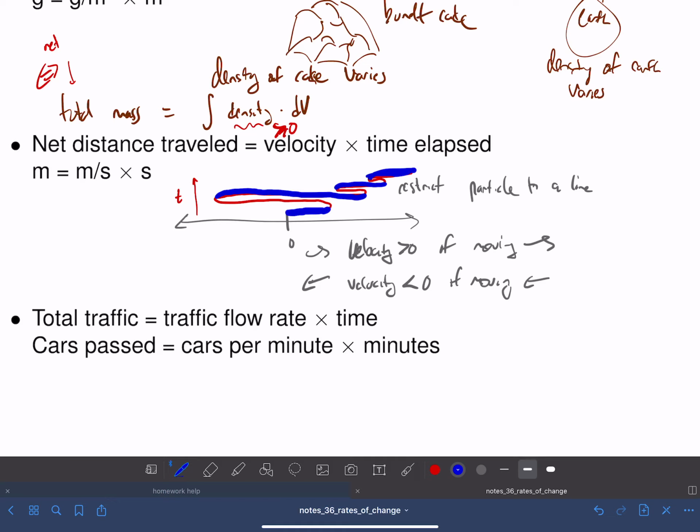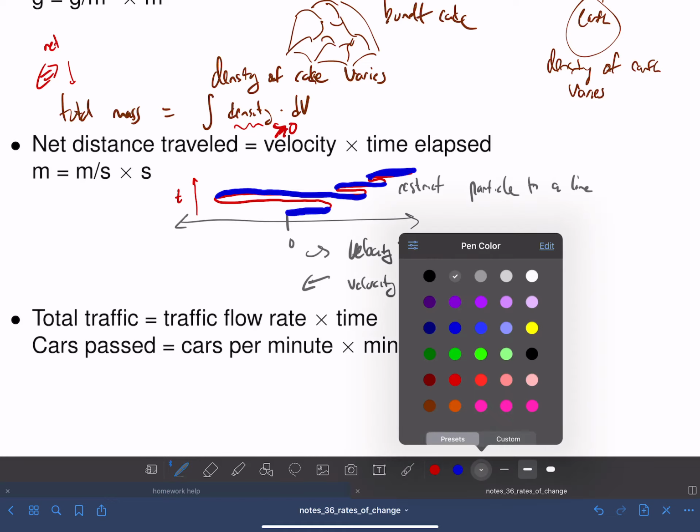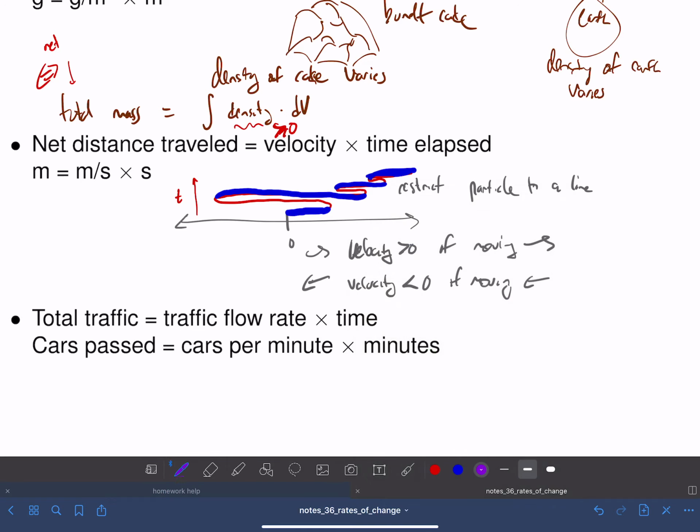Okay? Writing this in terms of S and V and A, my functions from before, we would have that S of t is equal to the integral of V of t dt, right?